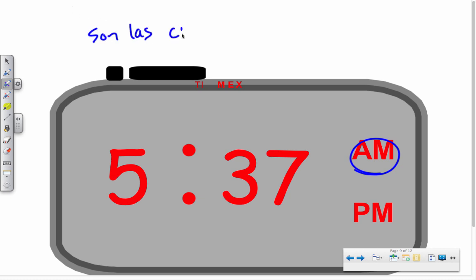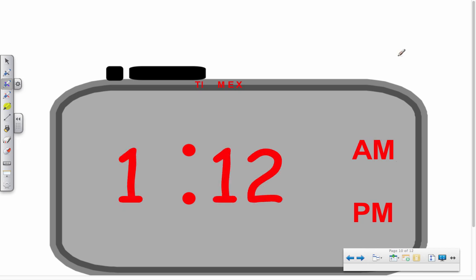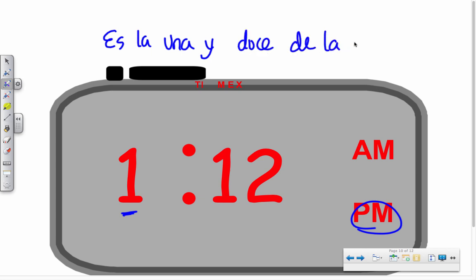Son las cinco treinta y siete de la mañana. And one more just to make sure. This one is going to be in the afternoon. And it's 1 o'clock. So we're going to have es la una y doce de la tarde.